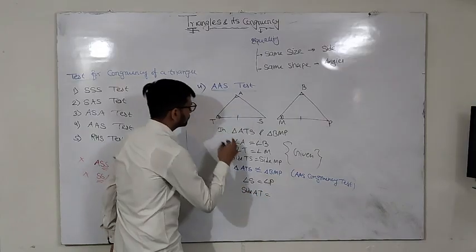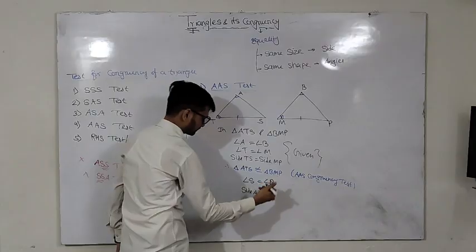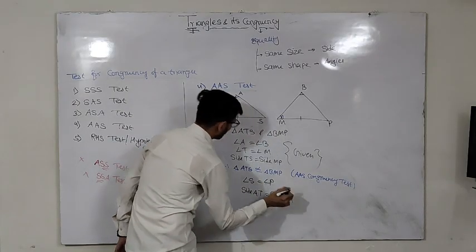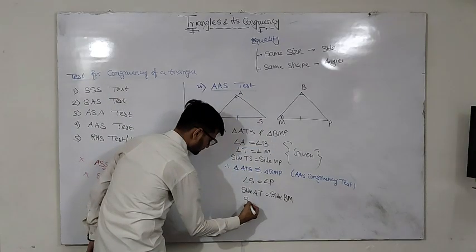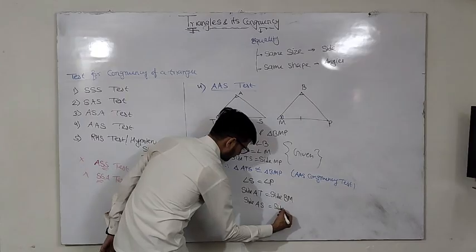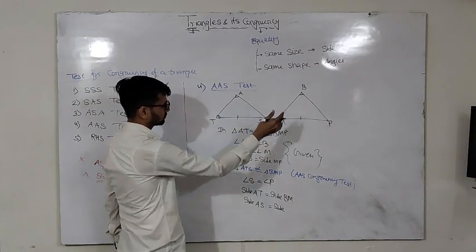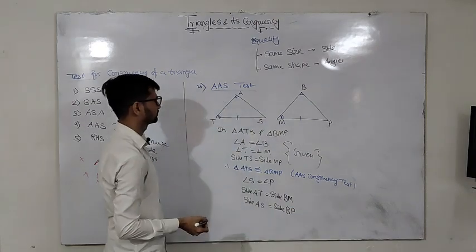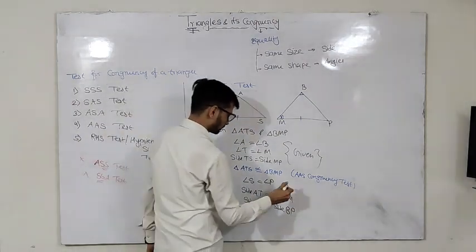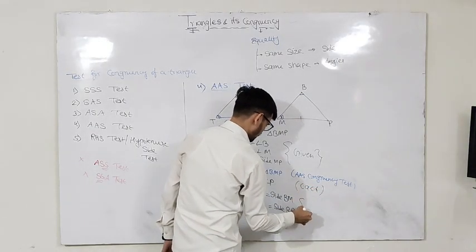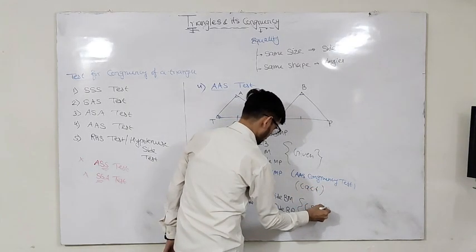Side AT equal to side BM, and side AS equal to side MP. The corresponding angles of congruent triangles and corresponding sides of congruent triangles.